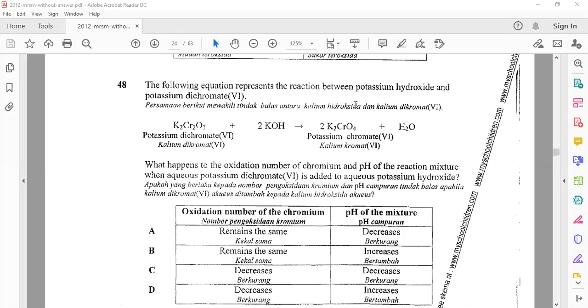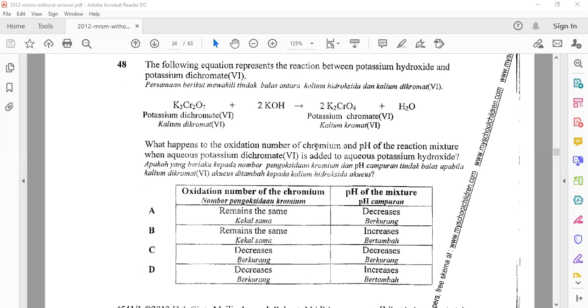Question 48. The equation shows the reaction between potassium hydroxide and potassium dichromate(VI) solution. Can you see? You are getting potassium chromate(VI) at last, with water being produced. What happened to the oxidation number of chromium? Which is the chromium? This one.